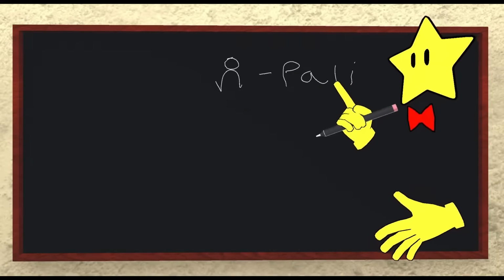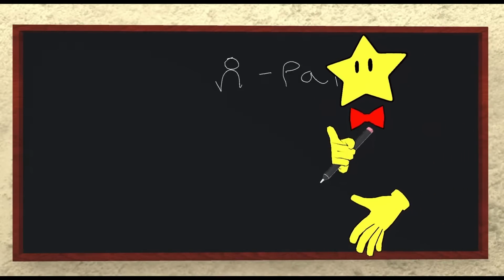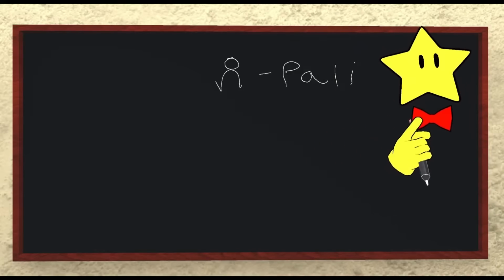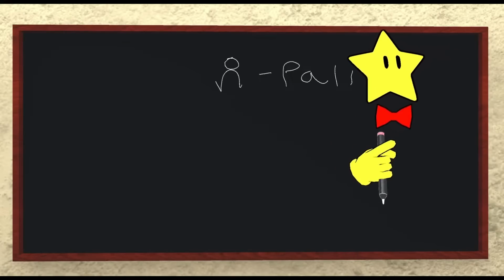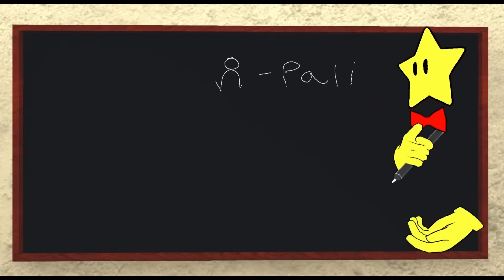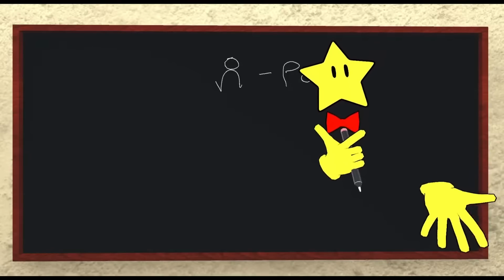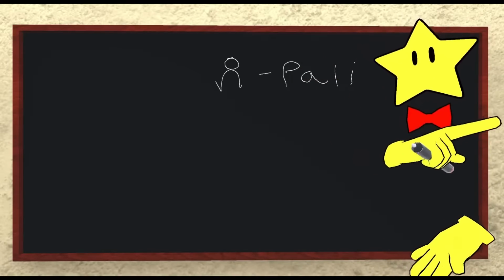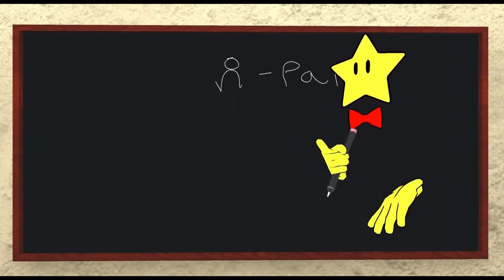And pali is to work or create. You could say you create a document, create a textbook, create a work of art. You could create a tool, or you could create a home. And then you can also say you work at your workplace. Pali covers both of these ideas.